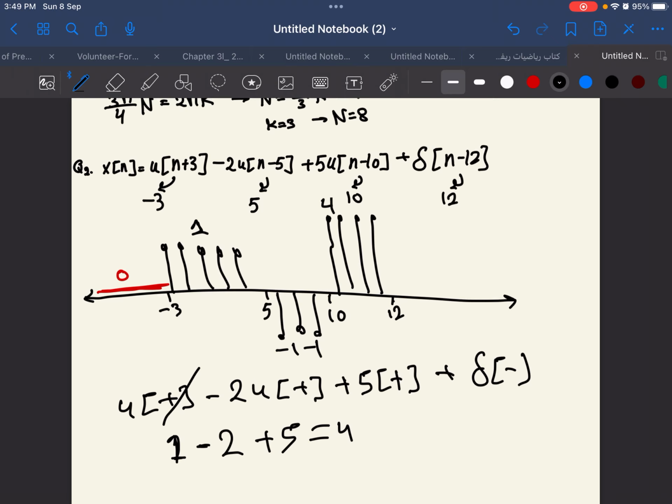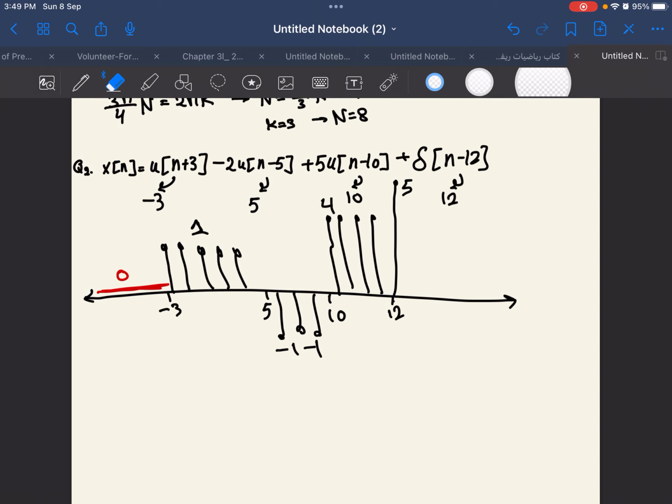Now because we have here a delta, we know that whenever the delta's argument inside parentheses is 0, it will equal 1. So we know that we will have here a spike, which is 5. Then let's try a number after the 12. Let's say 13.